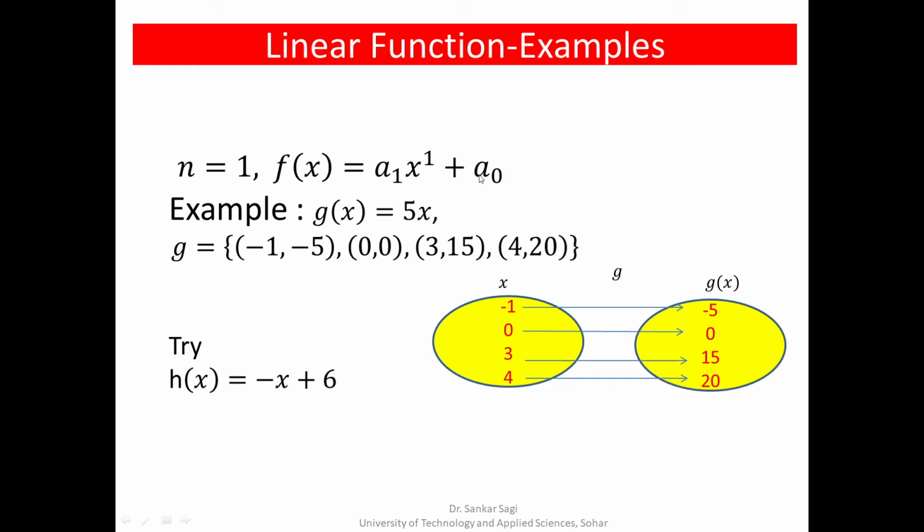And if you take the domain values -1, 0, 3 and 4, the corresponding images: if we put x = -1, the image is -5. If x = 0, the image is 0. If x = 3, the image is 15, and if x = 4, the image is 20. So the function g can be written this way, which is a linear function.